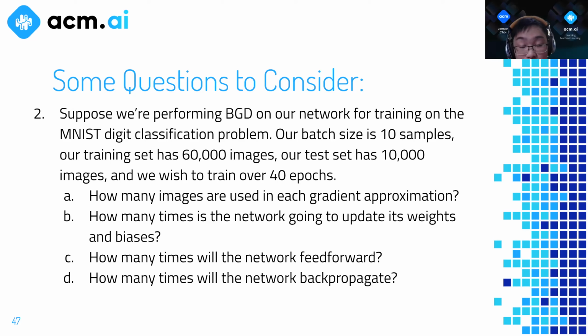So that means we're gonna go through our entire data set 40 times. Okay, so the first question is just how many images are used in each gradient approximation. Feel free to answer that in chat.